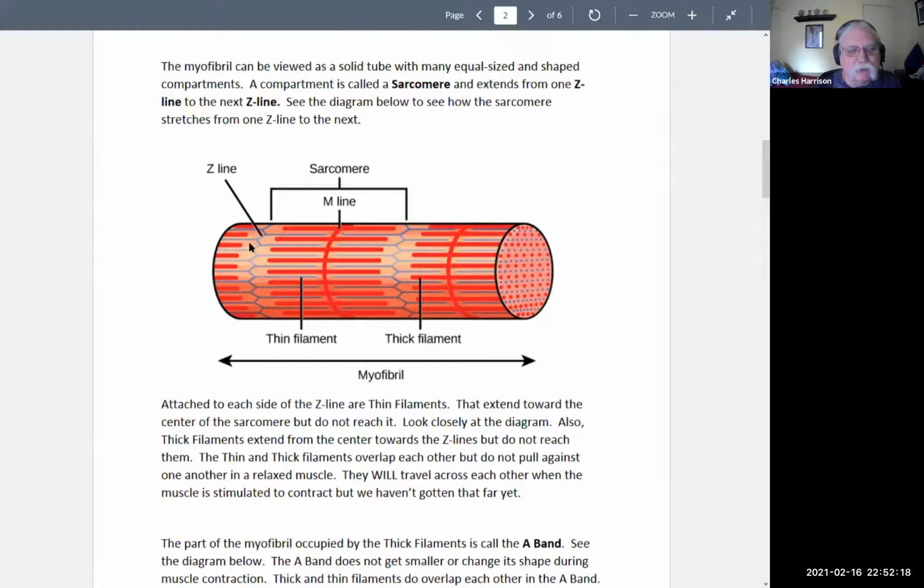Okay, a dime. It's a disc, flat and round, that goes right on through. It's a plate. It separates this side of the Z line from this side. This is part of a sarcomere. This is a full sarcomere. This is part of a sarcomere.